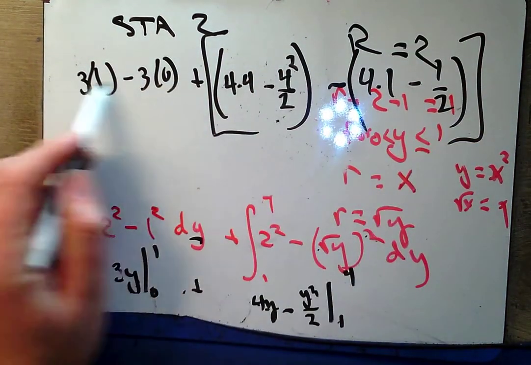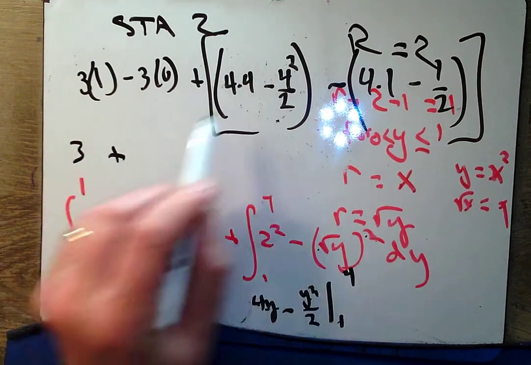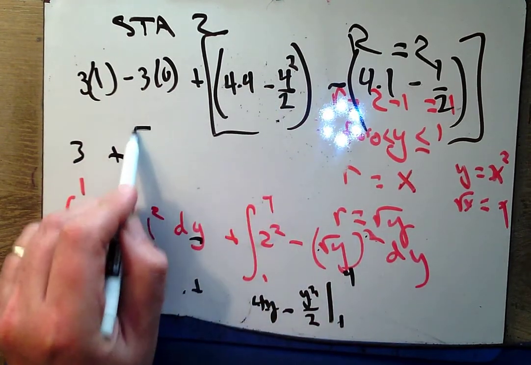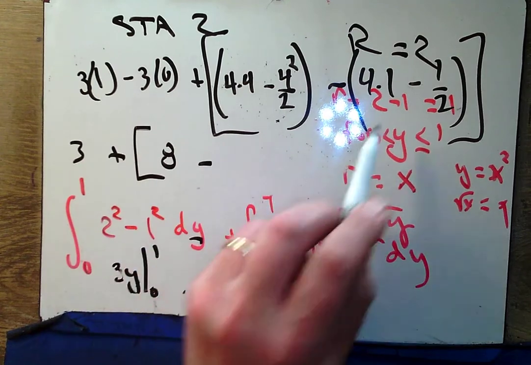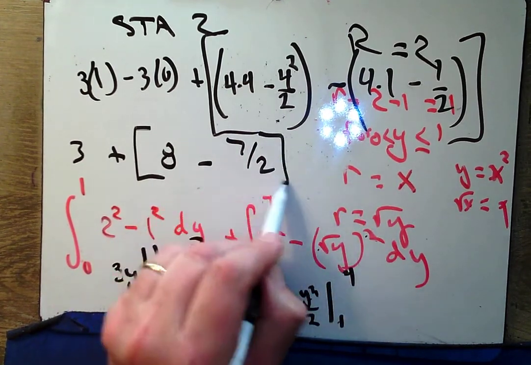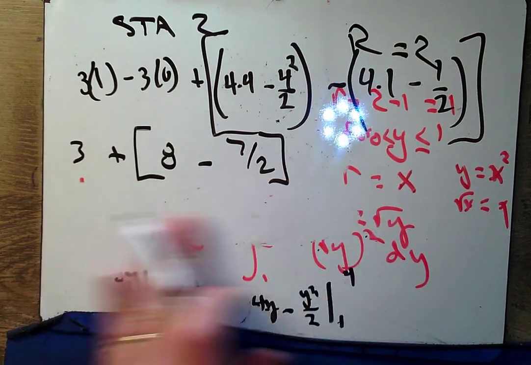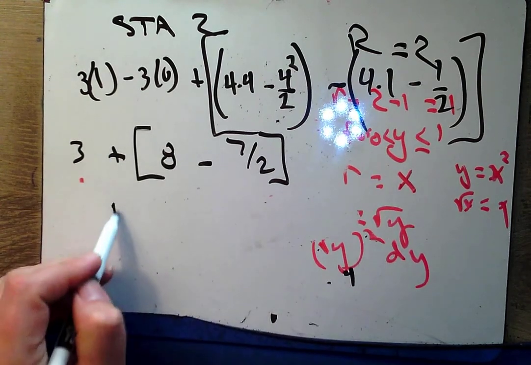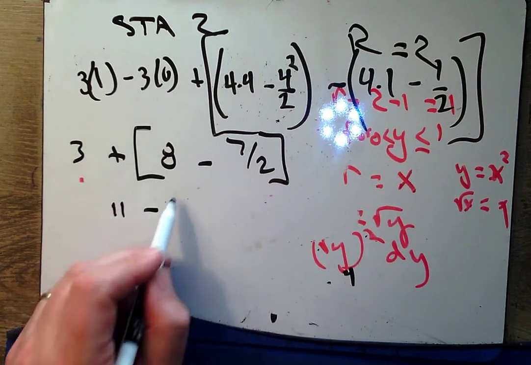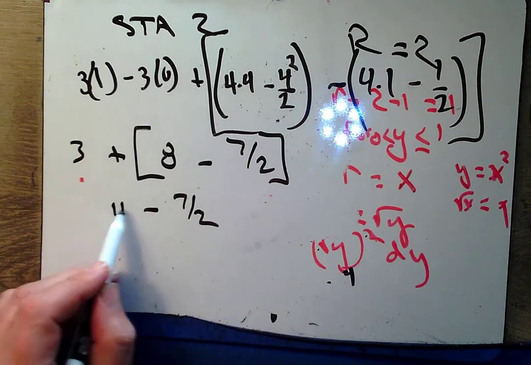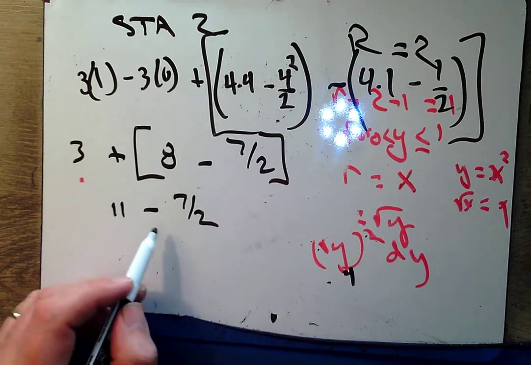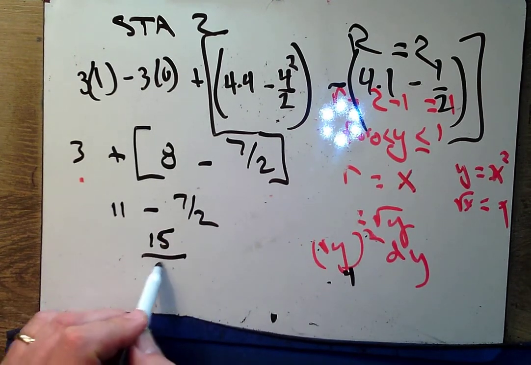Okay, so that's going to be 3 plus 8 minus 7 halves, and that's 11 minus 7 halves. 22 minus 7 is 15 halves.